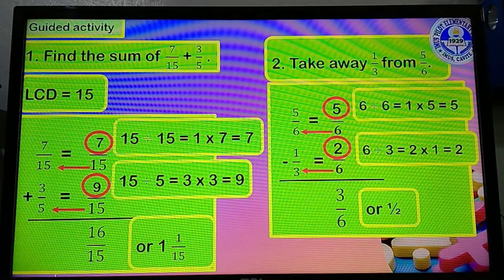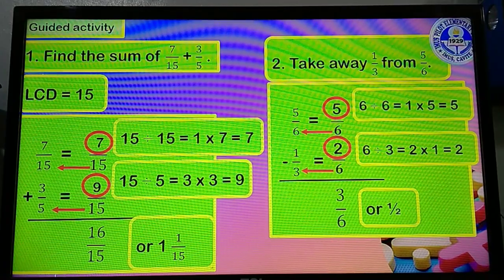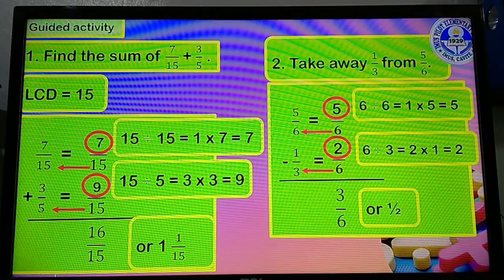Add only the whole number, add only the numerators, and copy only the one denominator, then change your answer to lowest term if possible. If your fraction is not in a similar form, you're going to change it to similar fraction by finding the LCD. The LCD will be used to change your fraction to similar fraction.